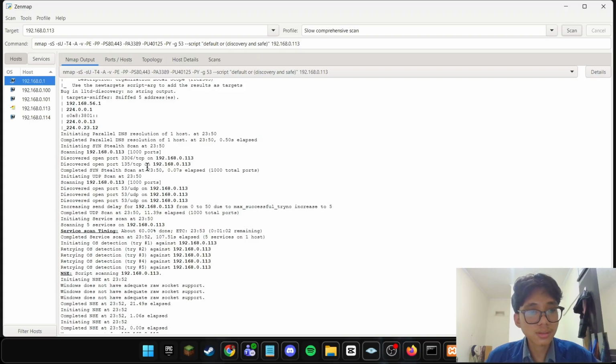For example, the MySQL service shows access restriction, meaning it cannot be accessed without proper authentication. This indicates that even though a port is open, it does not necessarily mean it is fully accessible. This stage highlights the importance of deeper analysis in understanding real system behavior.